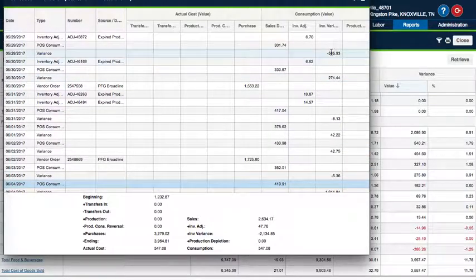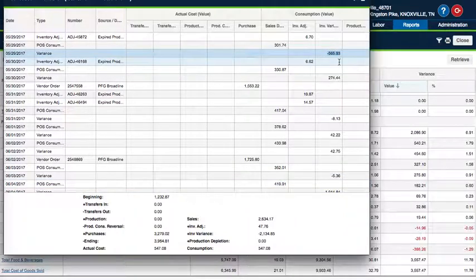It's showing you inventory variances over here. So this helps me track down some things down to critical counts as well. If you can see on 529, all of a sudden there was an inventory variance of minus $565 worth of chicken. That tells me that day's count had to be incorrect. There's no way we lost $565 worth of chicken unless somebody was taking some cases out the back.